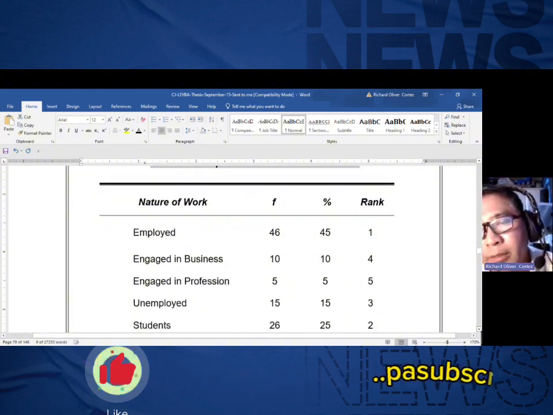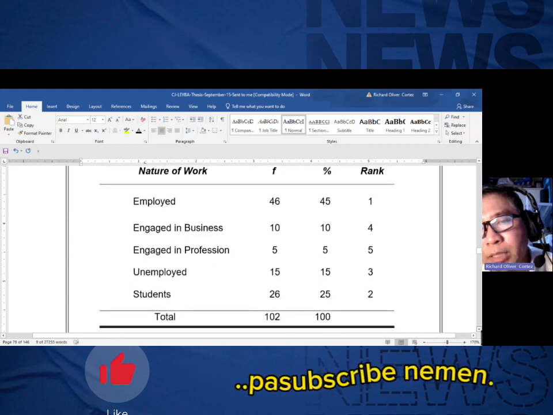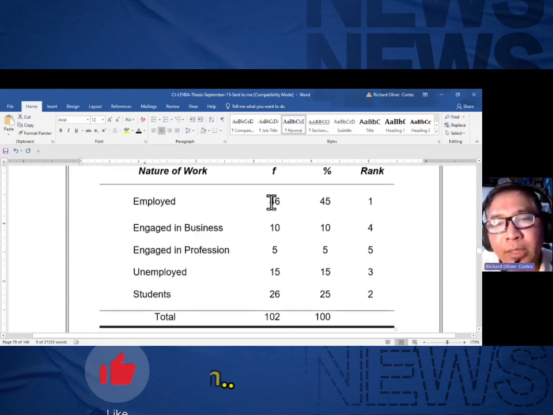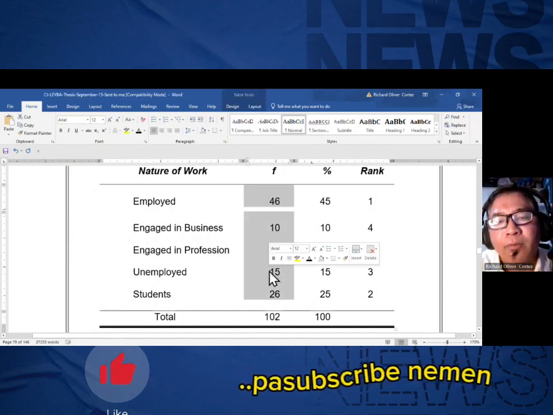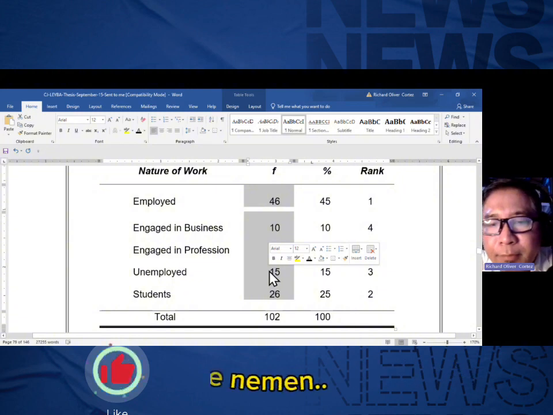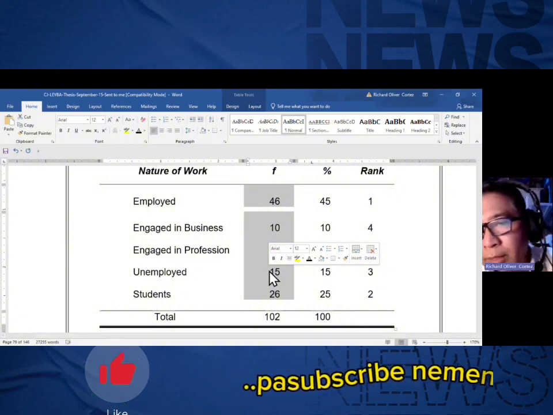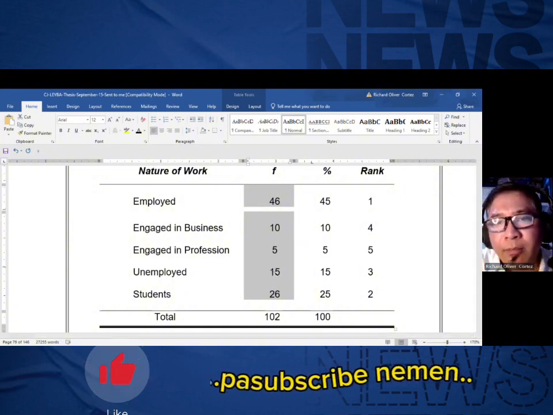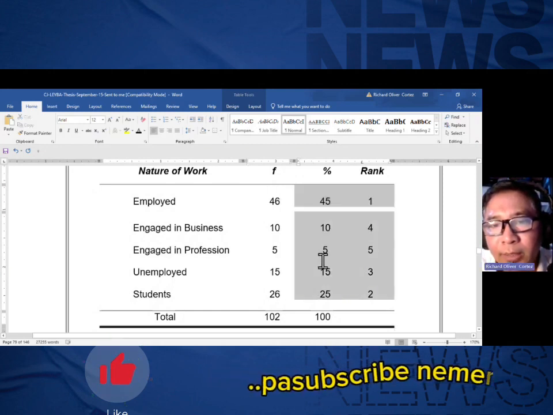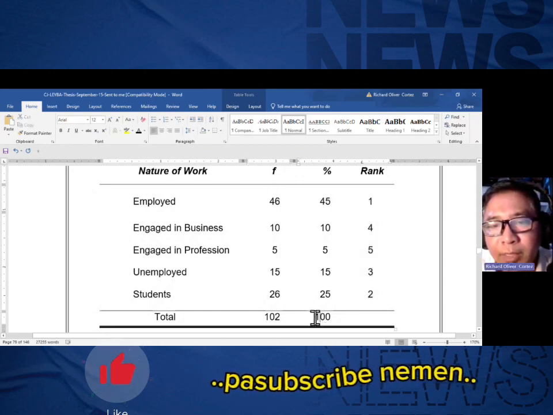So very consistent, right? If our respondents are 102, the frequency should total 102. And also the percentage. If it falls short, if you add the percentages and they don't total 100, then there should be something wrong.